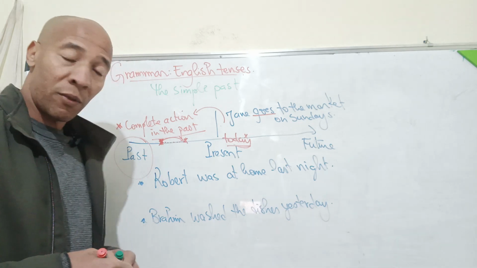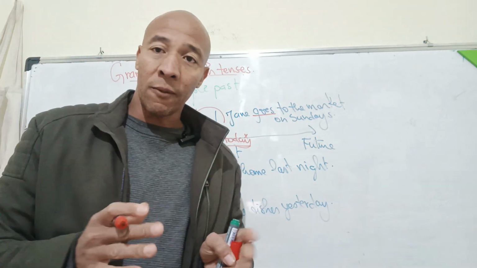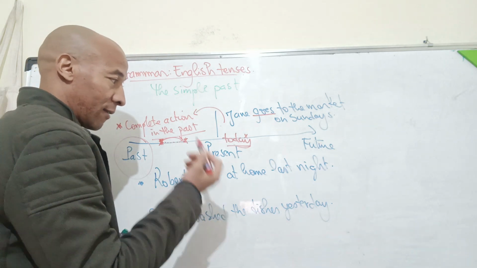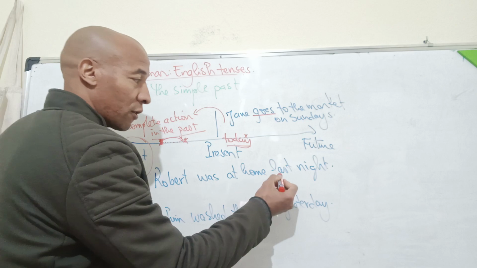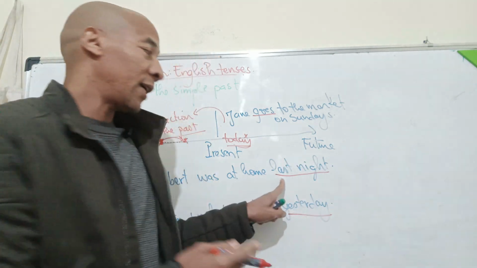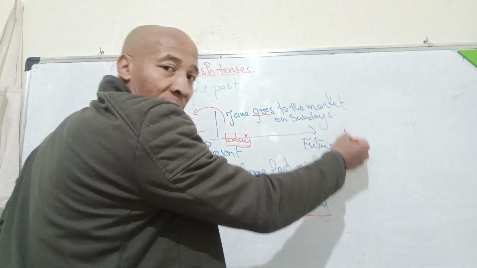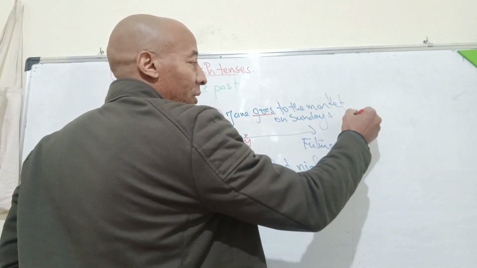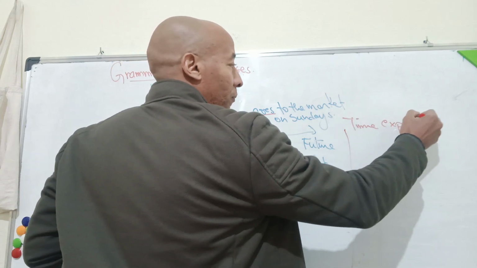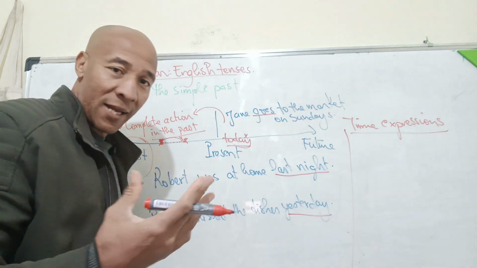Of course, we're gonna see here what we look for when we talk about simple past. We look at two things, right? So first of all, we look at the time expressions. So we say last night. So we can have time expressions that indicate the past, right?